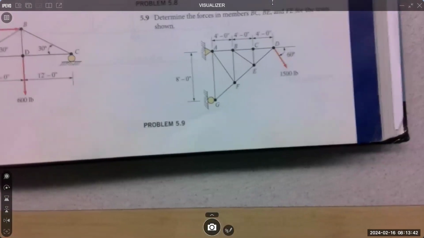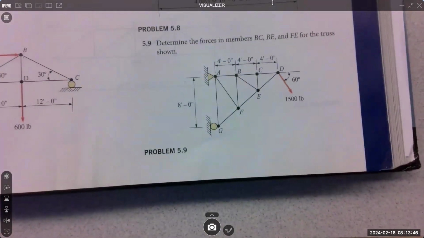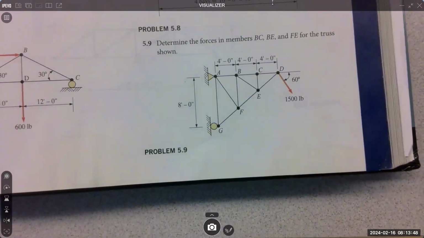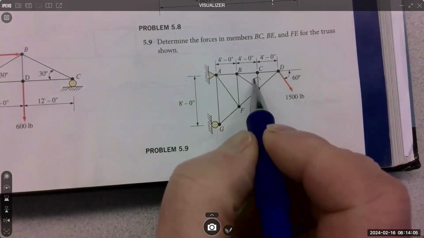Now, they can hide in trusses. For example, let's look at this one. Do you see a clean T anywhere? What member? Yeah, point C. There's a clean T. There's no external force on C. So what member has to be 0? CE is 0.